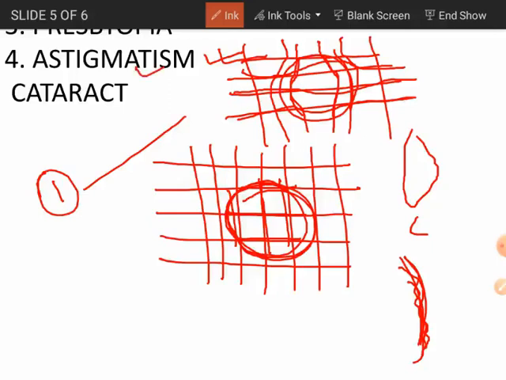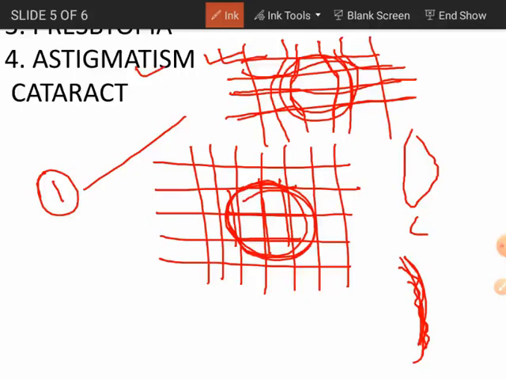Got it? So the remedy for this astigmatism is the use of cylindrical lenses of suitable power. I'm repeating again, the remedy for astigmatism is the use of cylindrical lenses of suitable power.